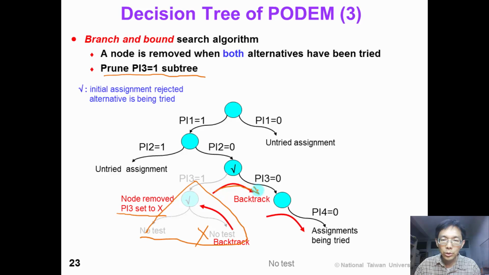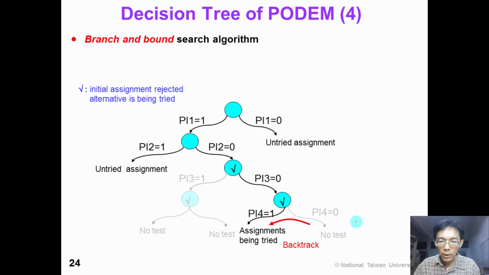Now we backtrack to PI3 equal to 0, and now we are trying this combination of PI4 equal to 0. Suppose there is again no test. We backtrack to PI4 equal to 1.